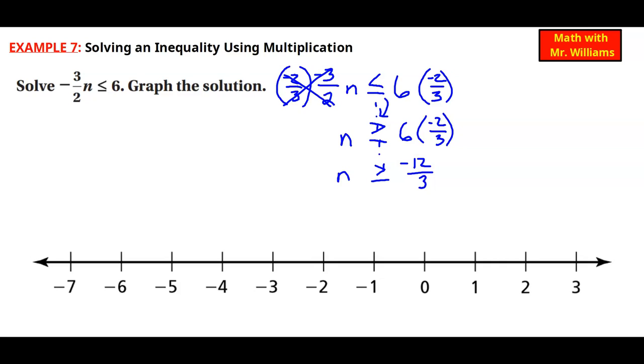And negative 12 divided by 3 will get us a negative 4 for our final answer. So n is any number greater than or equal to negative 4. All right, so we identify that negative 4 on our graph. And because n is also equal to it, we're going to make it a solid circle. And n is anything greater than that negative 4, so our line goes to the right.